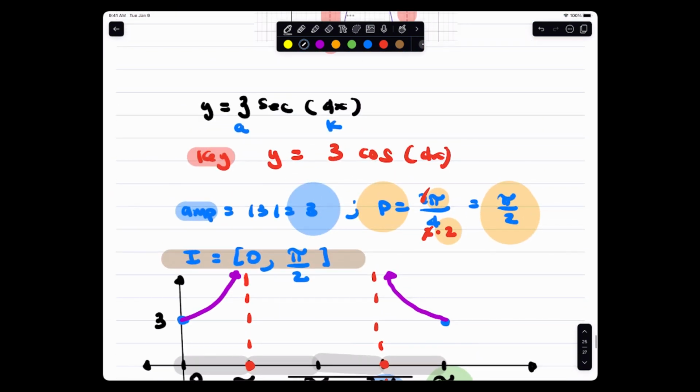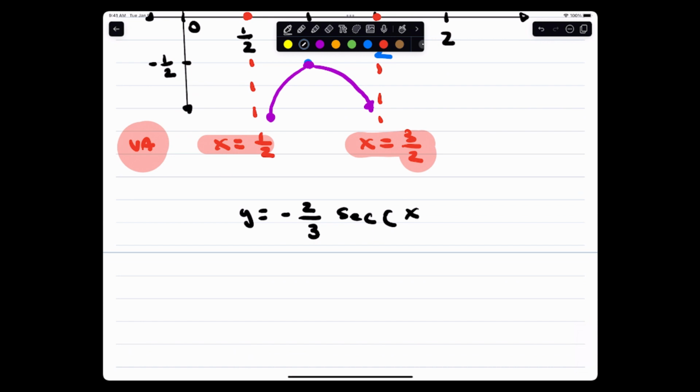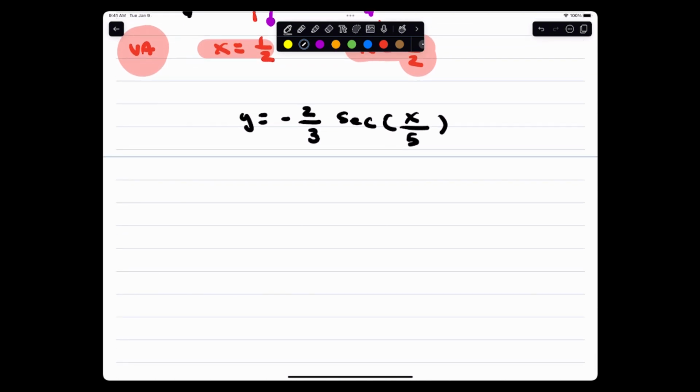I think we did, okay, how about x over 5? They want you to sketch that curve, right? And you go, I know what the key is. Sketch y equals negative 2/3 cosine x over 5. That is my key.